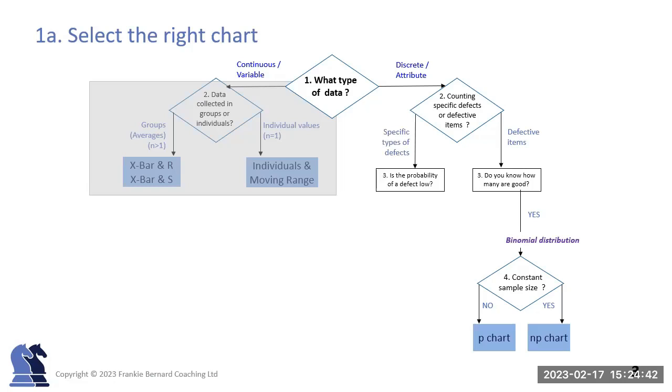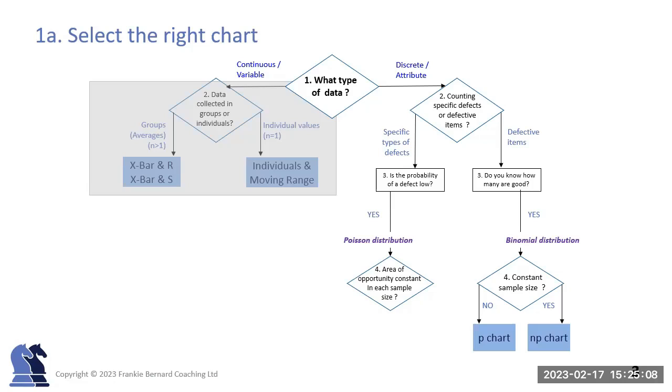If you're on the branch where you're counting the actual types of defects and how many of them are showing up every day, the third question is slightly different. What we are asking ourselves here is, is the probability of the defect low? If the answer is yes, hopefully, then the next question is, is the area of opportunity for defect constant?